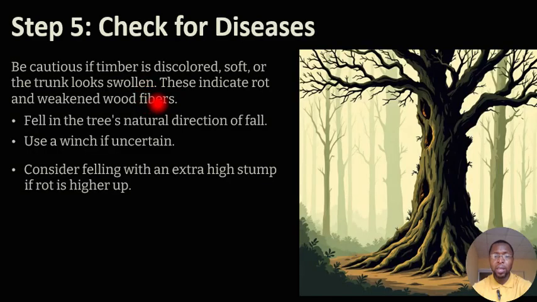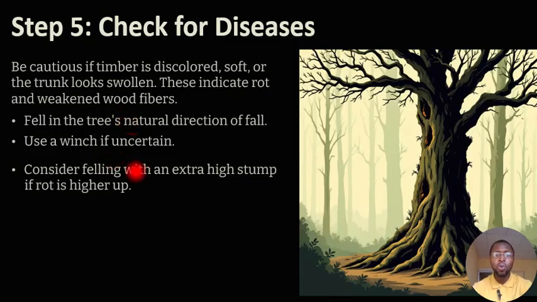Another way, having noted this disease, is to allow that tree to fall in its own natural direction. Do not force it in your own direction, since it's already diseased. So allow the tree to fall in its own direction, and use a winch if you're not certain of the natural direction of the tree falling.